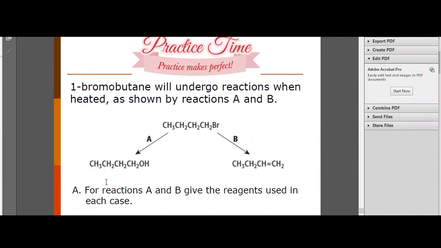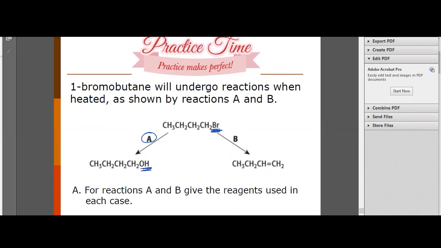Okay, I have one more question. This is a paper 2 type question. Okay, let's try to do this. Okay, let's see the answer. 1-bromobutane will undergo reactions when heated as shown by reactions A and B. For reaction A, give the reagents used in A. You can see that we have halogenoalkane here.